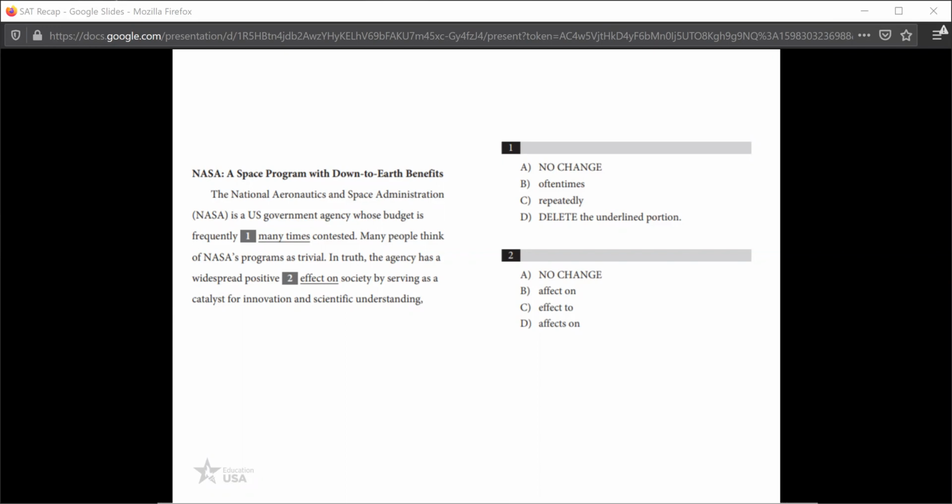I think it is not necessary because we can see the word frequently. Yeah, correct. You want to avoid redundancy, and that is redundant. It would be redundant to say frequently many times.